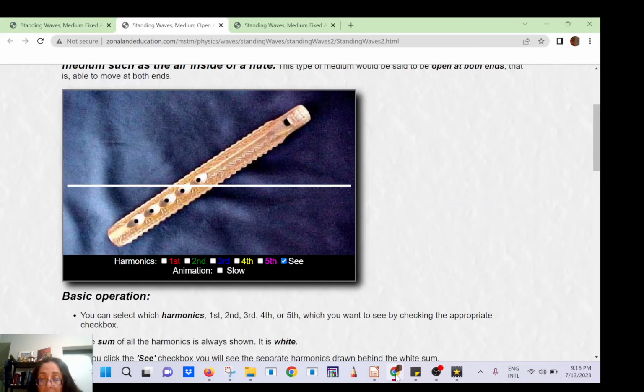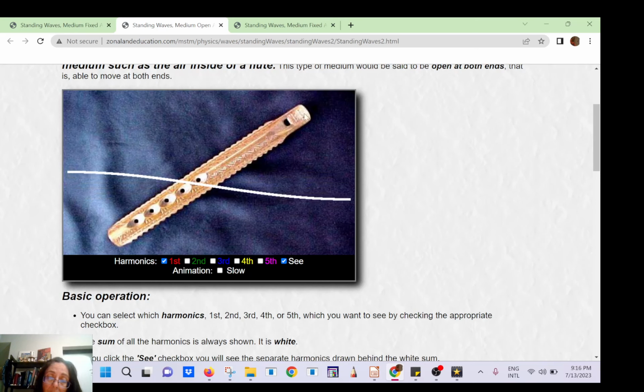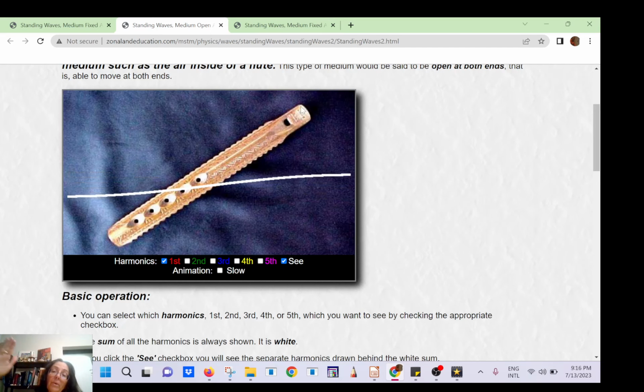So let's go back to the flute here. I have the first harmonic. So the node is here. These are called antinodes, because here it's open, here it's open. That means the air at this point and this point will vibrate, right? So it means the air will be squeezed and then stretched out and squeezed and stretched out.